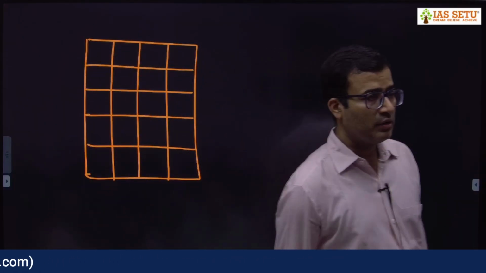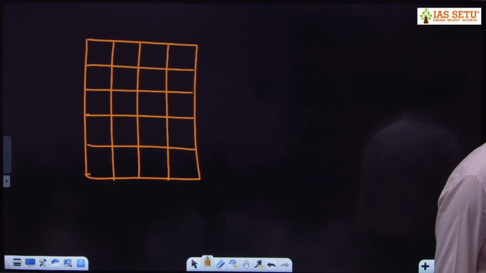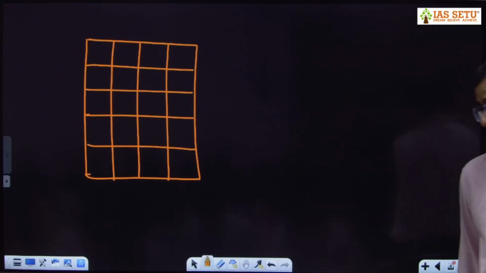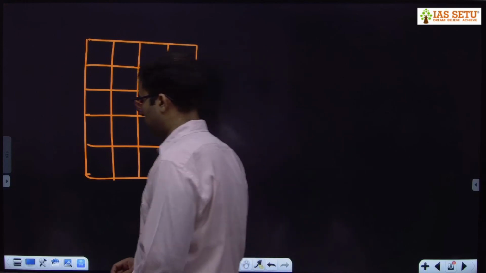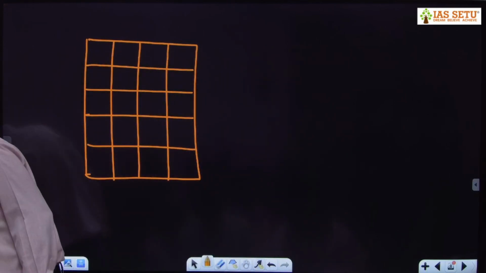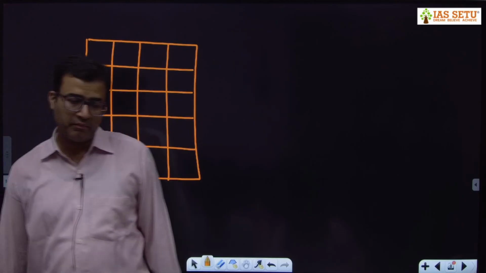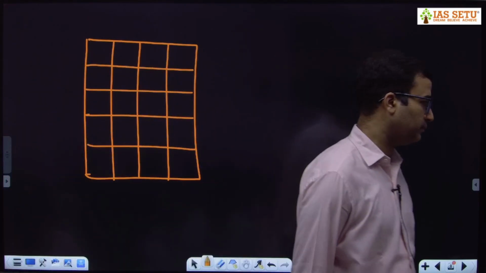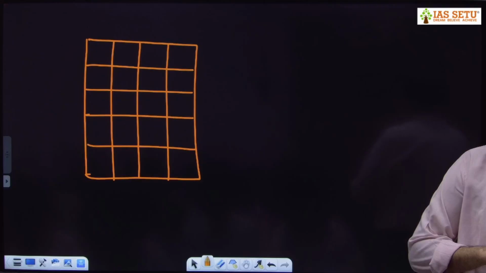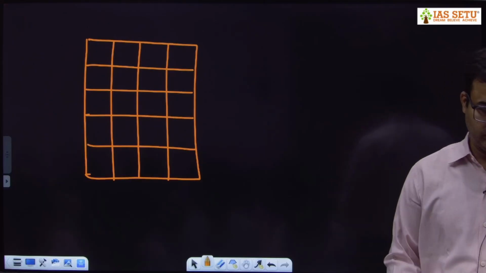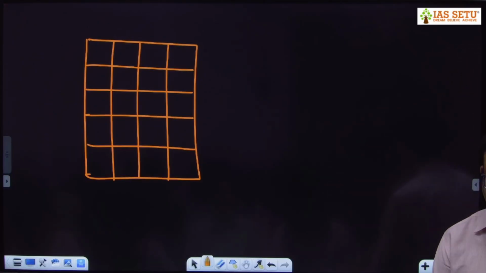Take your time, count squares in the given figure. Done.